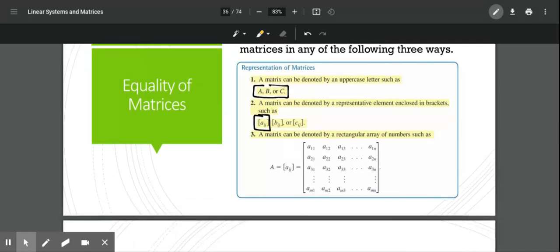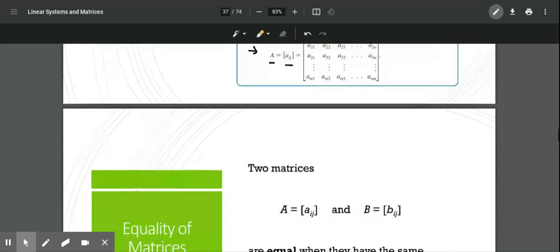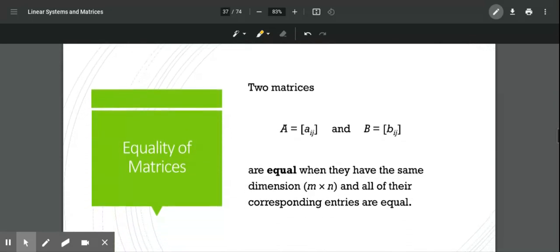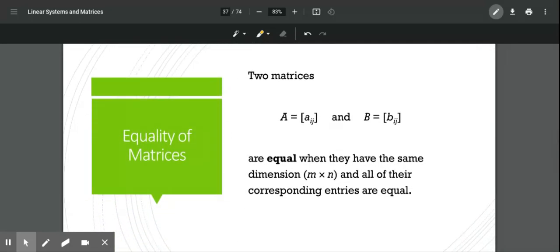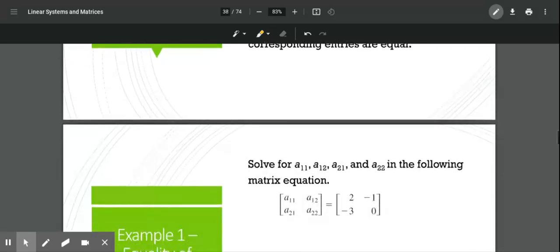Or you could have it in this third notation where you have a little bit of everything. Matrix A is the matrix A sub i, j, and then you have all of the different entries in that matrix. So two matrices are equal when they have the same dimension and all of their entries corresponding to each spot in the matrix are the same.